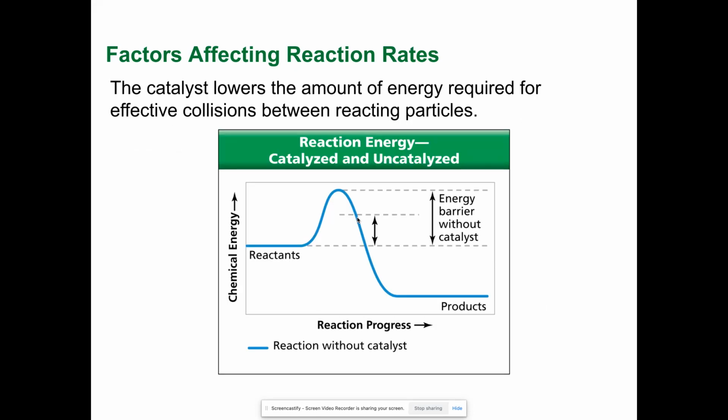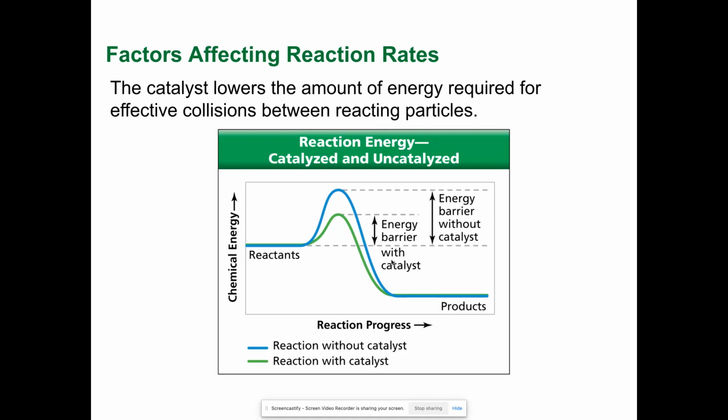Okay. So then what does a catalyst do? Well, a catalyst lowers the amount of energy required for effective collisions between the reacting particles. So you have the reactants here. We need to release some chemical energy. So there's an energy barrier that exists without the catalyst. Normally that energy barrier is here.